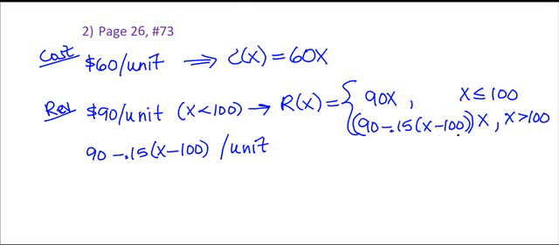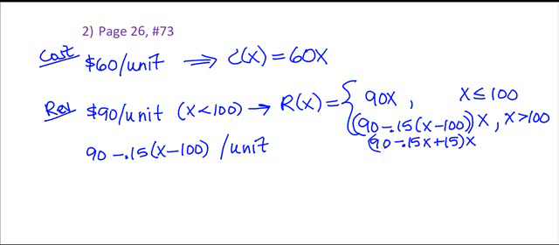Okay, now the second piece, hopefully it's not too confusing. The 90 minus 0.15 times x minus 100, that is how much the person is selling it for, but then you have to remember to multiply that by the number of units sold, so that's why we have that other x there. So we can clean that up if you like. This is really 90 minus 0.15x plus 15, times x.